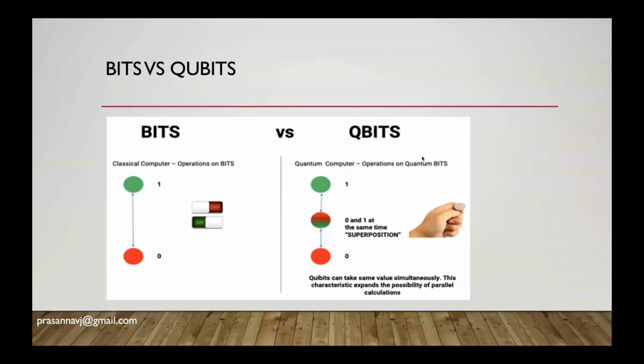Not just sub zero, it is a very limited range of temperature that is needed to enable the qubits to come up, and superposition can be observed only in that particular environment, not in a typical environment like the room temperatures we are used to.